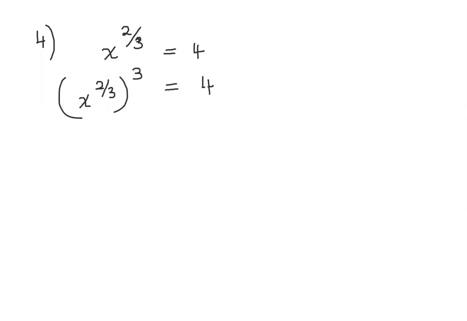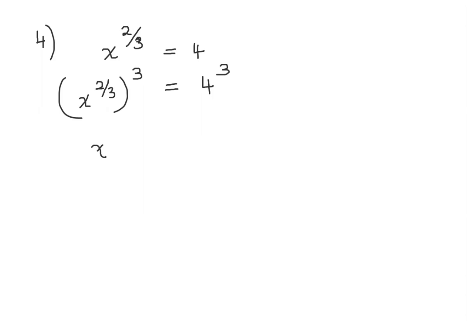And number 4, we have x to the 2/3 equal to 4. So let's first get rid of the cube by cubing both sides. So what we are going to do is first get rid of the 3 in the denominator.